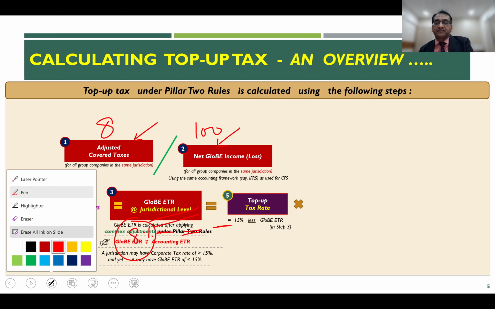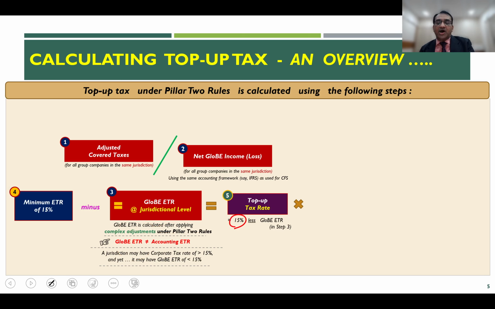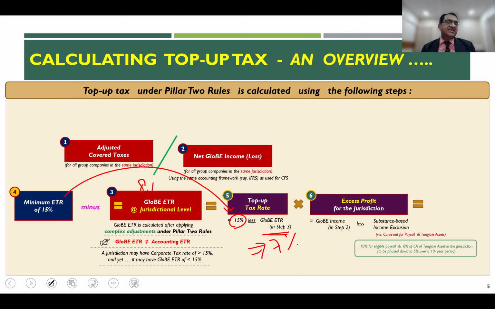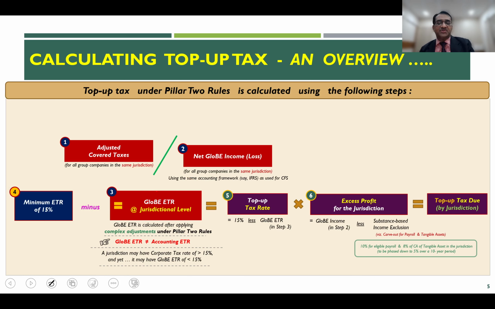That means 15% of the minimum agreed rate less the globe ETR, which in my example works out to be 8%. This shortfall of 7% is computed on what is called excess profit for that jurisdiction, and that gives the top-up tax liability for that particular jurisdiction.